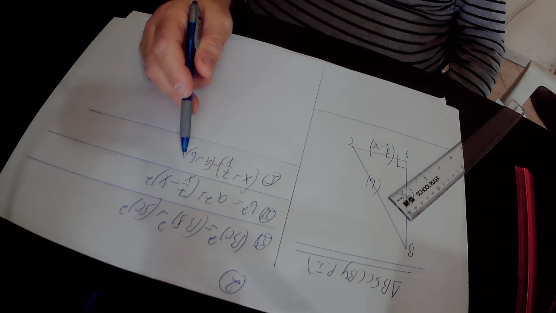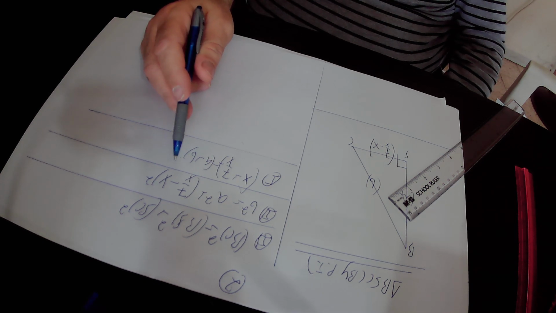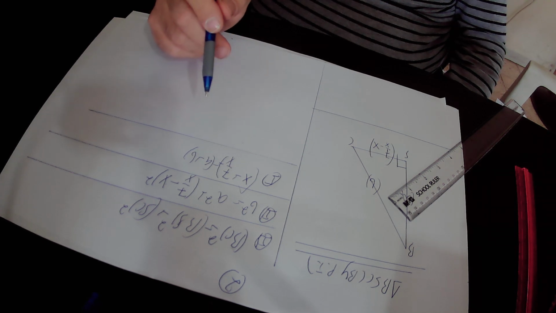So how can we substitute 7 over x minus x by 7 over x plus x?